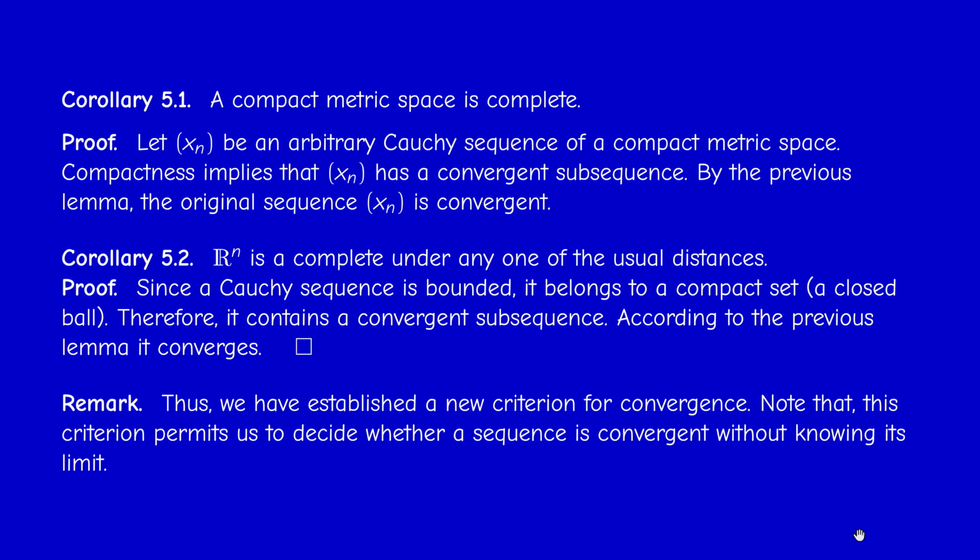So when we work in a complete metric space, we have another way of proving that a sequence is convergent without knowing the limit in advance. This is important, especially in some theoretical considerations, and I will give one illustration of this in the Banach fixed point theorem.